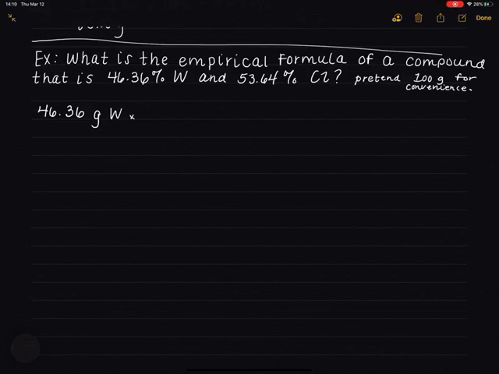And how much chlorine do I have? 53.64 grams. Now I have masses.